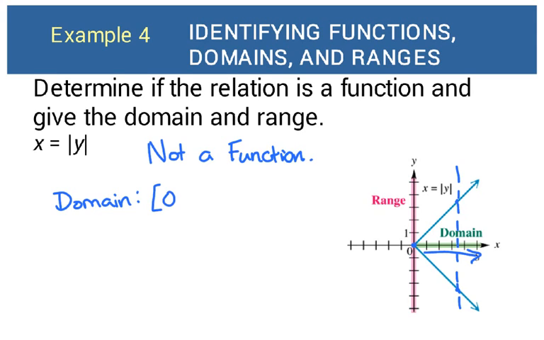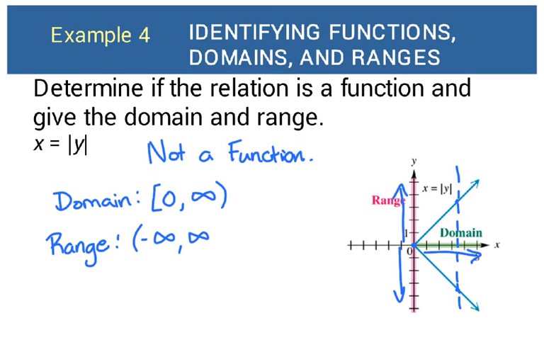So start at 0 and go on to infinity. And then the range is all real numbers, because it goes forever in the positive y direction and the negative y direction. Okay, and we are done with that one.